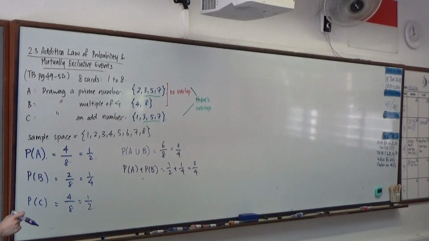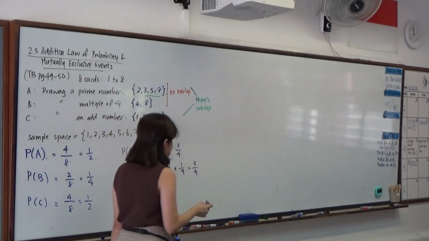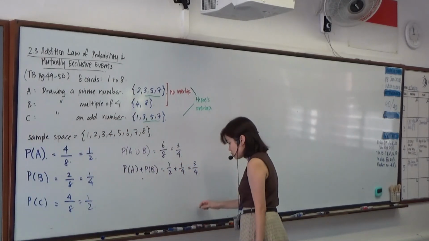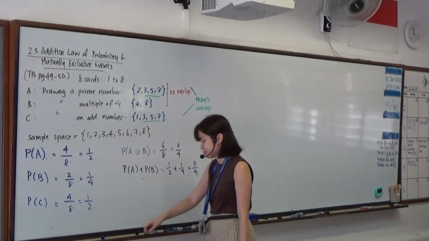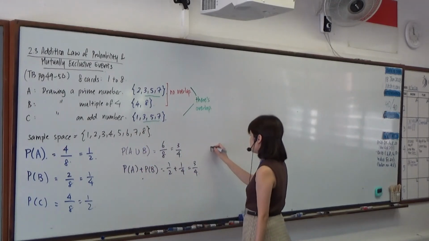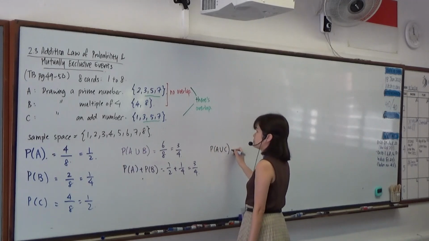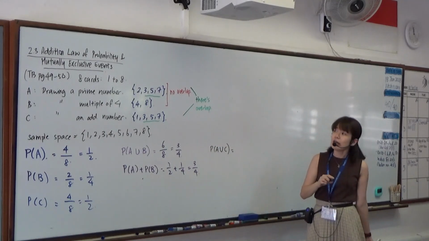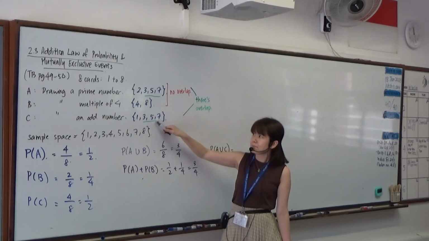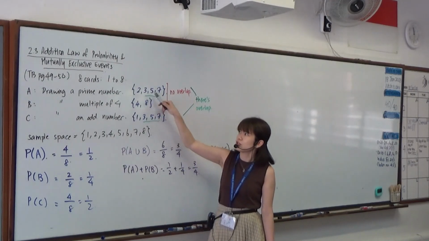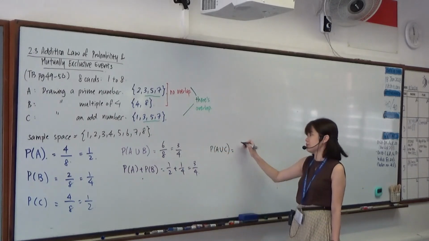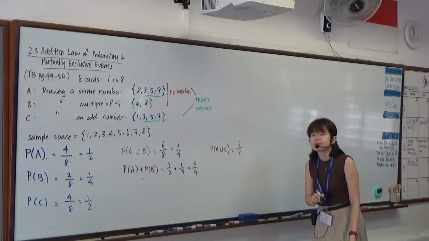Okay. What if we do something similar to probability of A and C? For A and C there is an overlap. So for unique numbers wise, we are looking at 1, 2, 3, 5, 7. Total of 5 favorable outcomes out of 8.